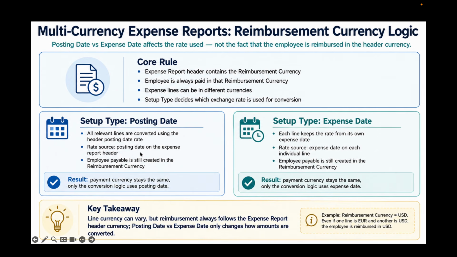No matter what, you will always be reimbursed in your reimbursement currency, which is taken on the header. For example, let's say I'm in India. If my company decides to pay me in INR, I will get paid in INR, but the Danish krone or the Vietnamese currency will get exchanged to INR based on either the expense date or the posting date.